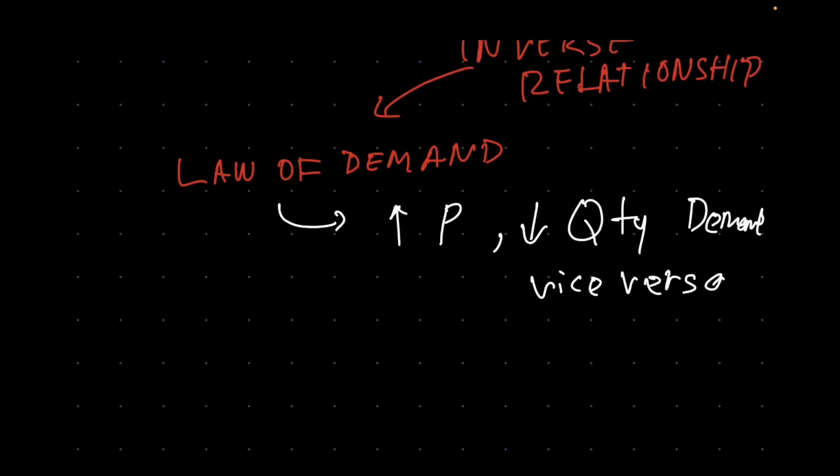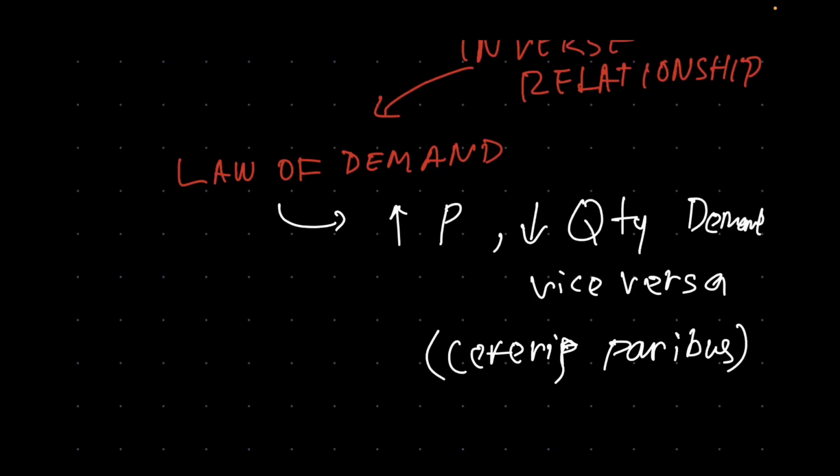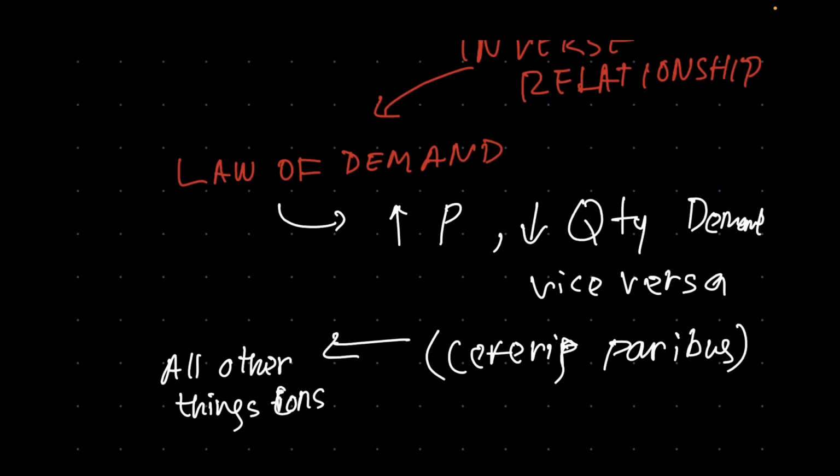But there is one key caveat to this, and that is ceteris paribus. Now, before you think I'm yapping, ceteris paribus is a word that means all other things constant. So, all other factors remaining constant.